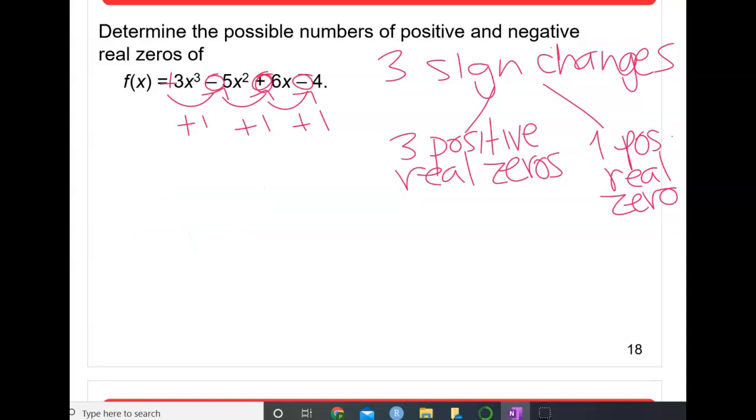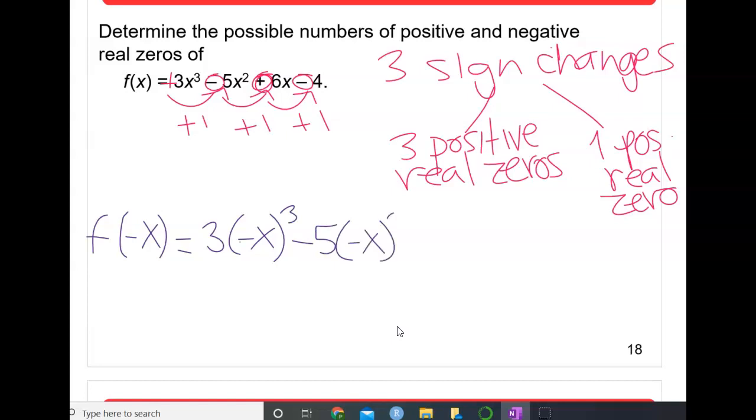Okay, now let's find the negative ones. So we're going to find f of negative x. So we will get 3 times negative x to the 3rd power, minus 5 times negative x squared, plus 6 times negative x, minus 4.